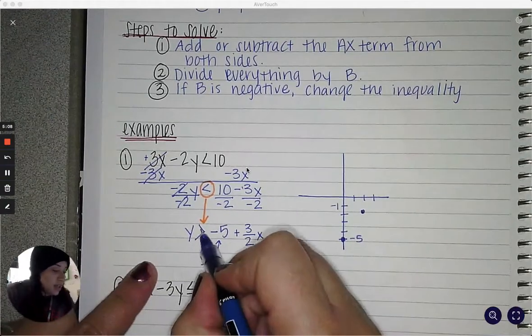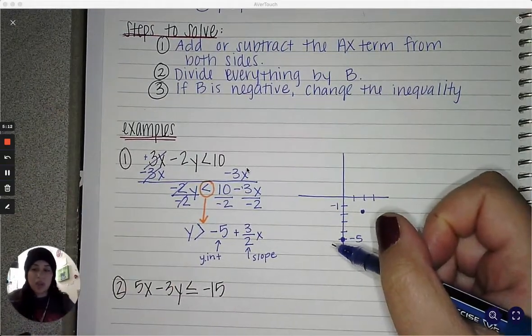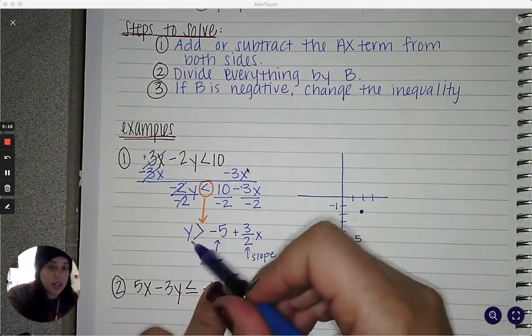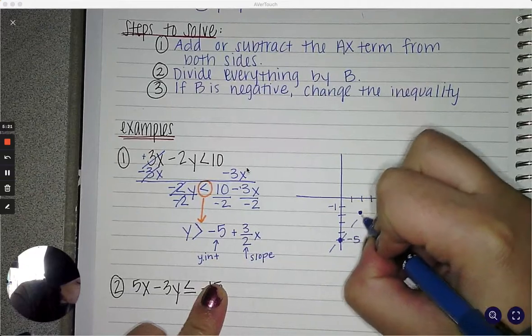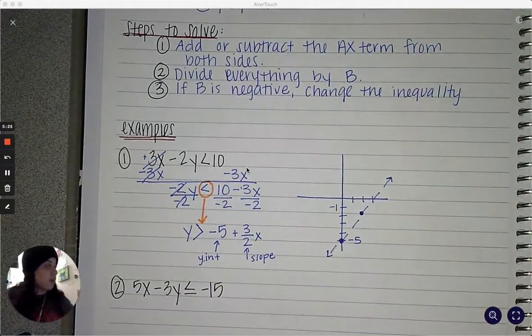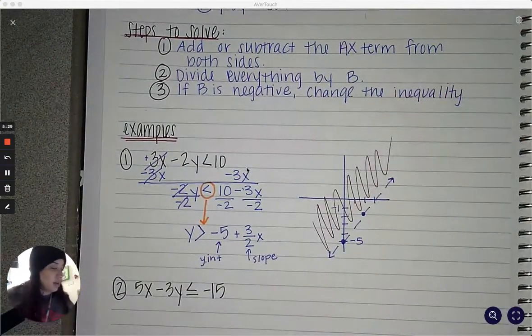This is a greater than sign, so I know I'm going to shade above the line, but there's no line underneath it, so it's a dashed line, it's a dotted line. So it might look something like that.